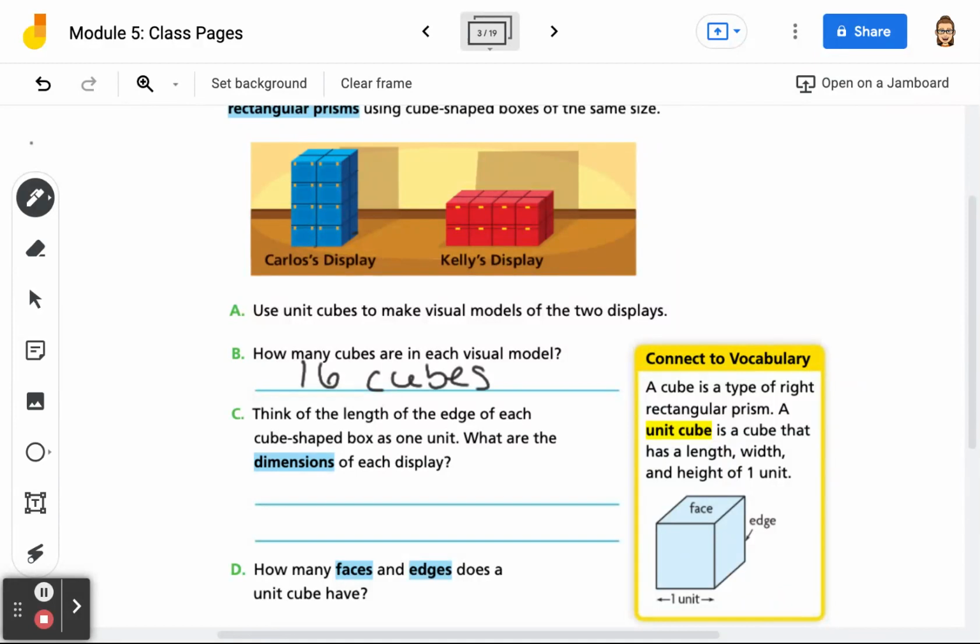Think of the length of the edge of each cube-sized box as 1 unit. What are the dimensions of each display? Well, I kind of just talked about this. So Carlos is going to be 2 units by 2 units by 4 units.